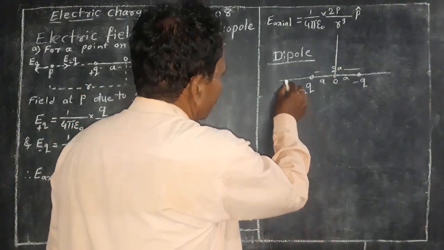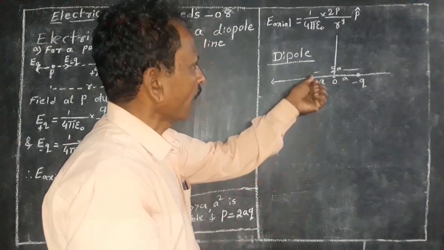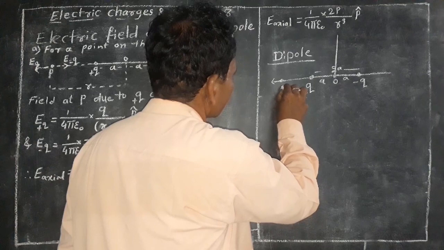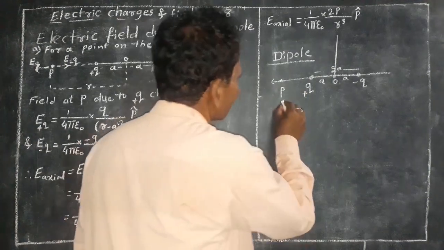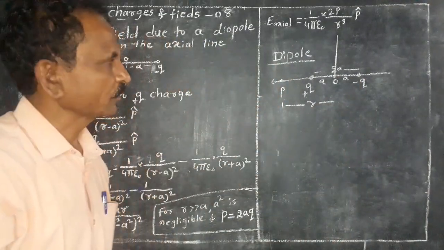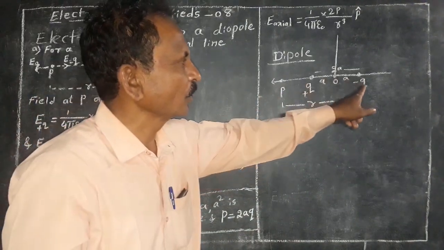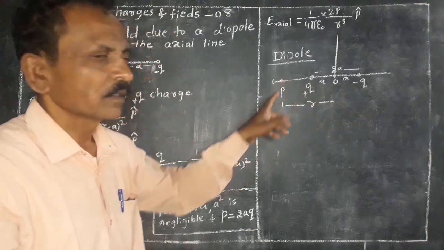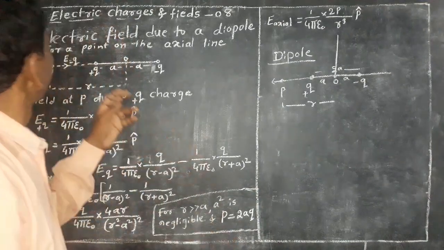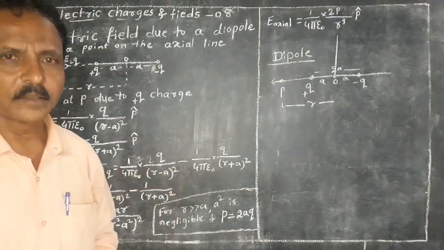Now, electric field due to a dipole on the axial line: let P be a point at distance r from the midpoint of the dipole. Then the field due to plus q and the field due to minus q at P are calculated separately, and they are added to obtain the electric field due to a dipole for a point on the axial line.